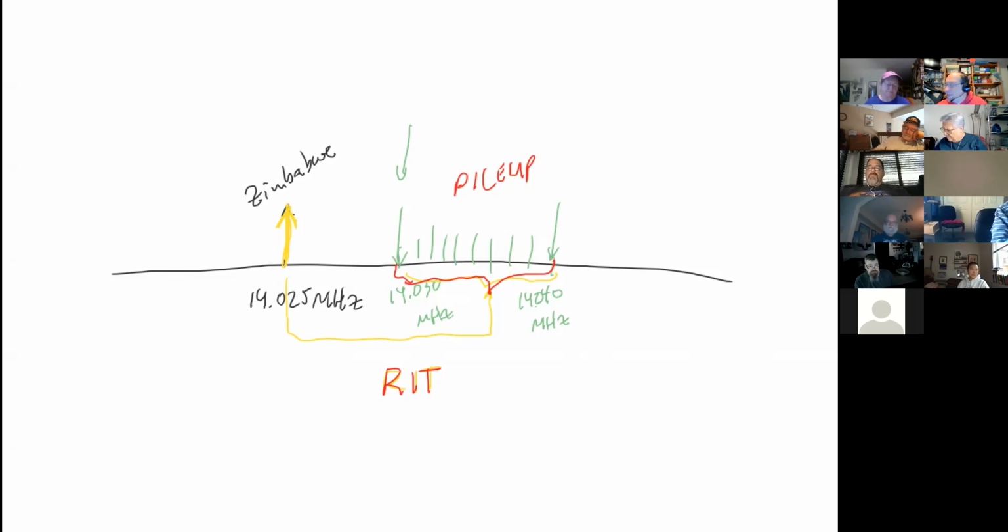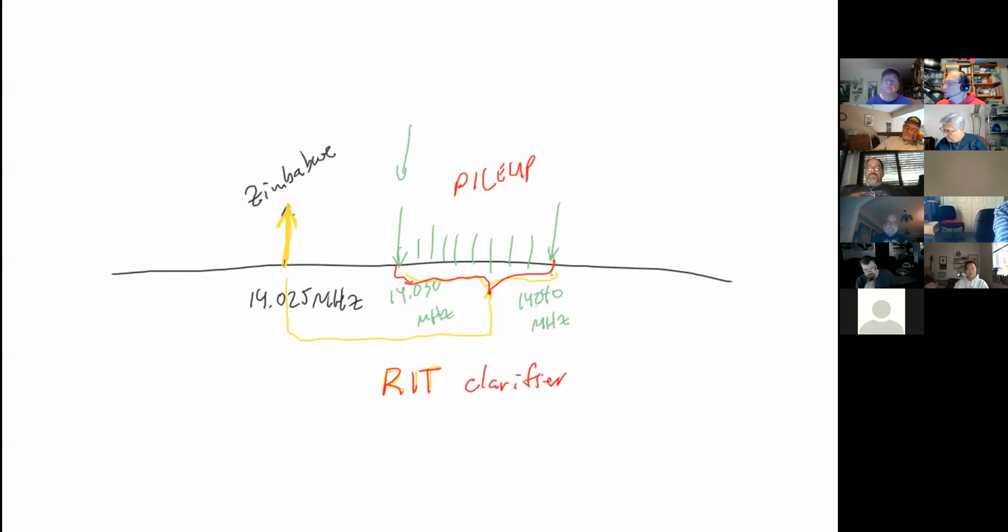Another name for RIT, which is being able to adjust the receiver frequency without changing the transmitter, is known as the clarifier. And it could simply be used, let's say that you're talking to another person and they sound a little bassy for some reason because you're tuned slightly off frequency, or they're tuned slightly off frequency.